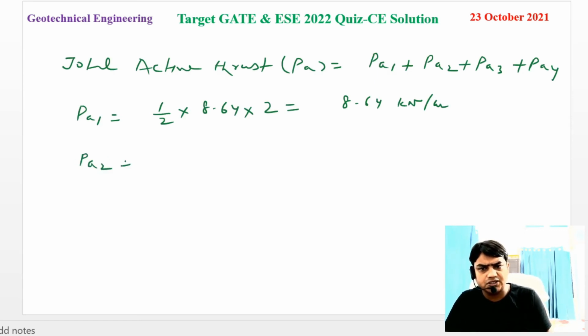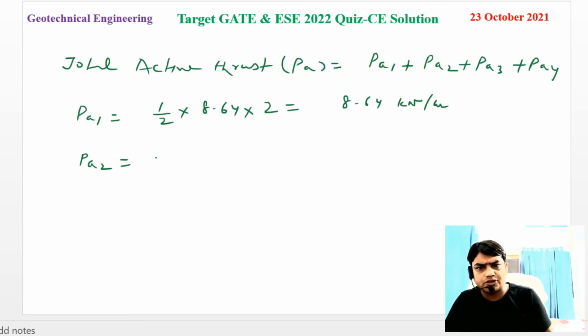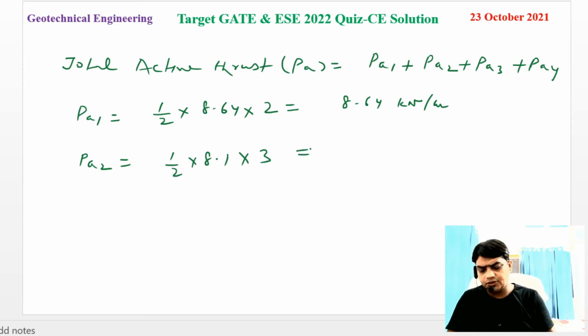Similarly, what is PA2? The total active thrust is the area of this active earth pressure diagram, which can be computed as 1 by 2 into 8.1 into 3. So it will be 8.1 into 1.5, and this value is 12.15 kilonewton per meter length of the wall.